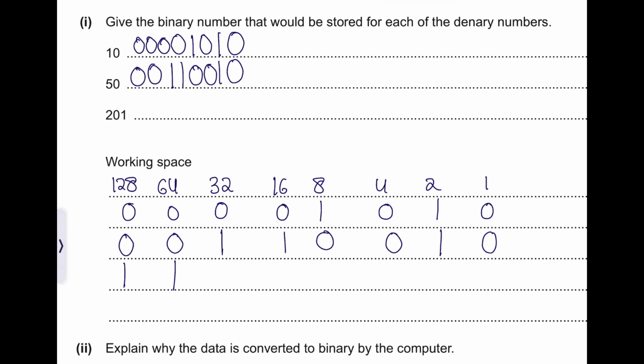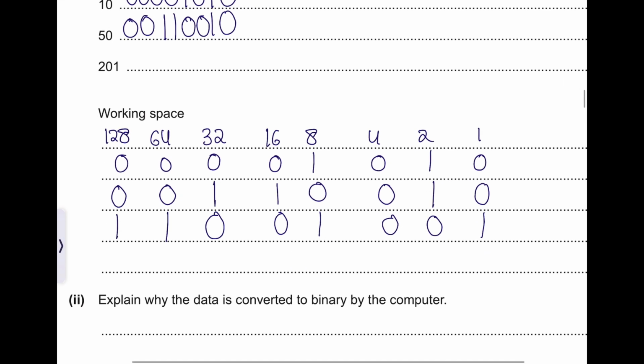All right, so I'm going to put 1 here and 9. 9 minus 8 is basically 1, and 1 minus 1 is 0. Let me check this to ensure that I have no errors. 128 and 64 add up to 192. 192 plus 8 is 200, and then 201. So 1, 1, 0, 0, 1, 0, 0, 1.